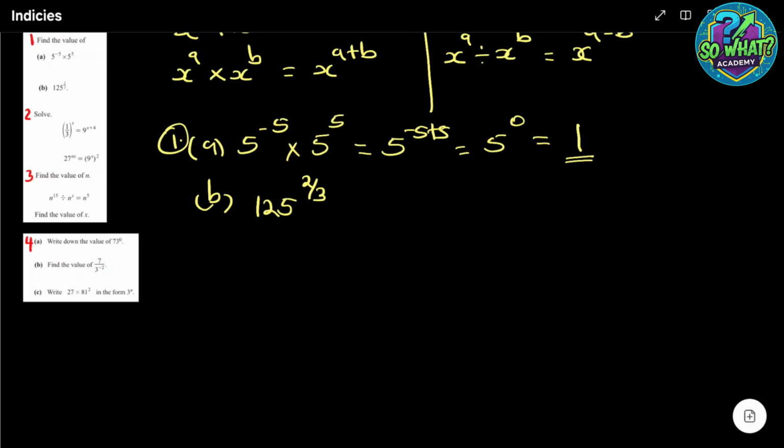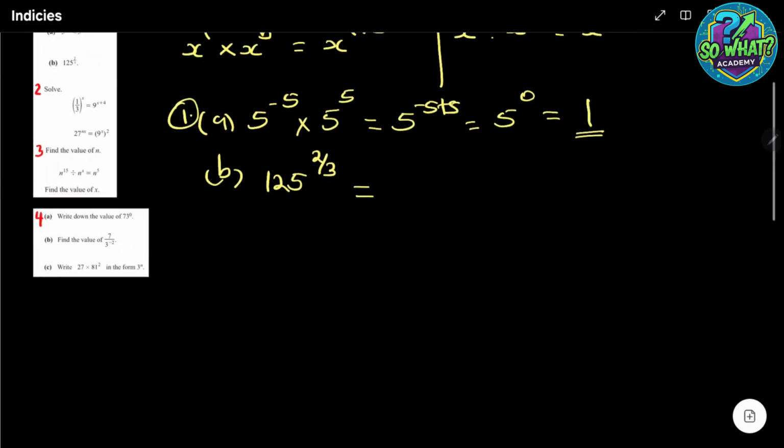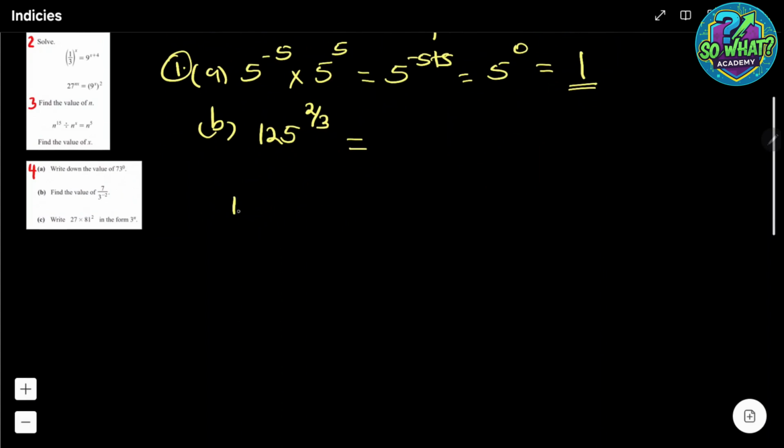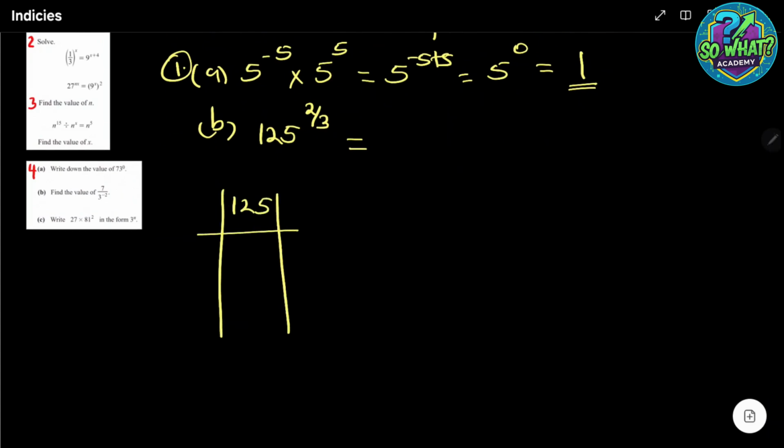So what do we do? We're going to apply what we call long division and divide out this 125 to see what it can really equal to. To help you remember long division, we can always start by dividing by 2, then 3, and 5.